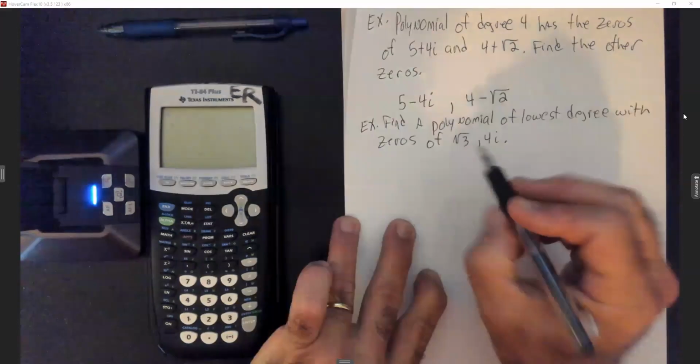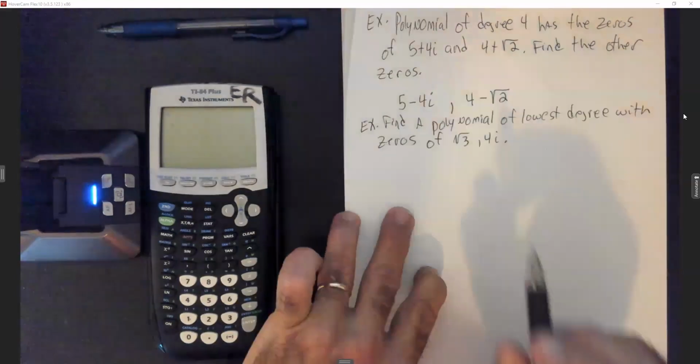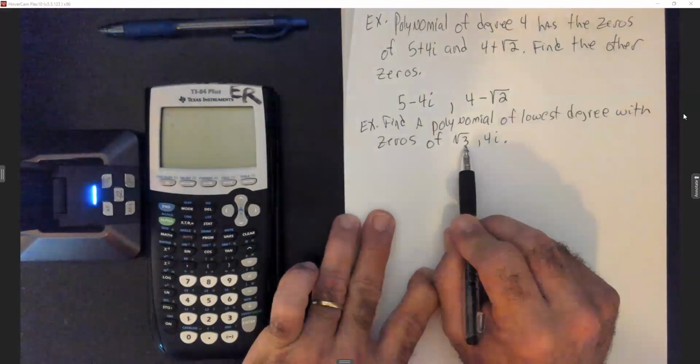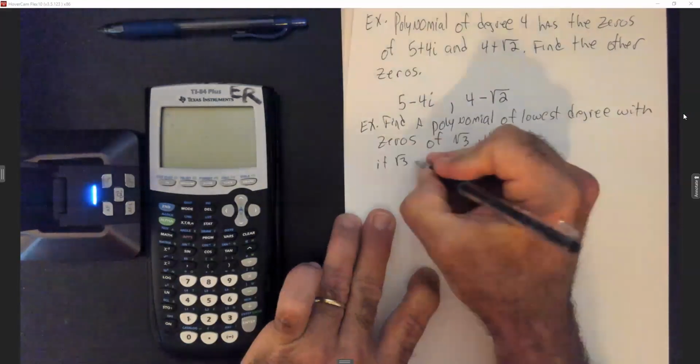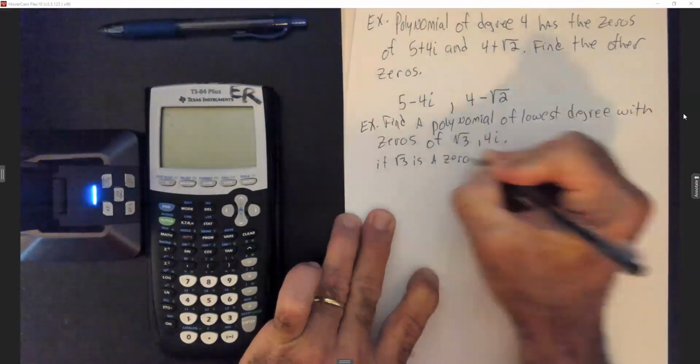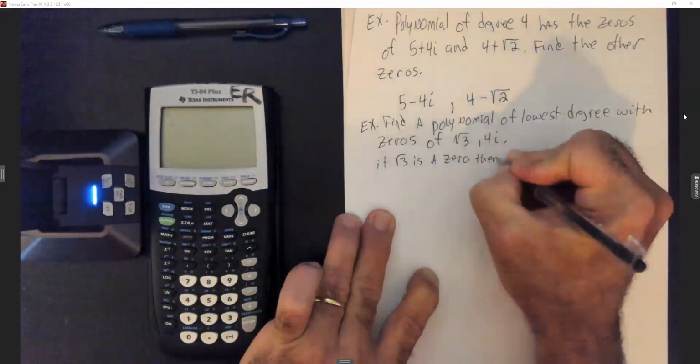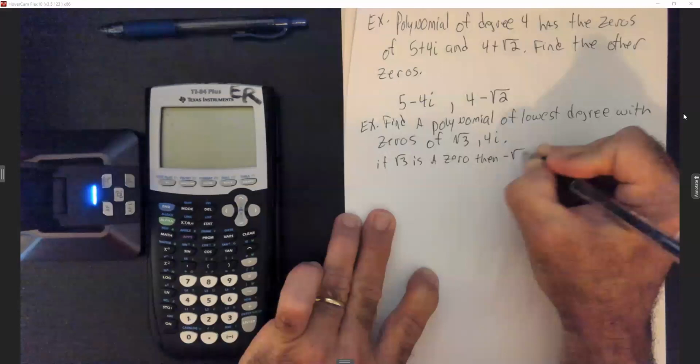Now, if square root of 3 is a 0, then negative square root of 3 is a 0.